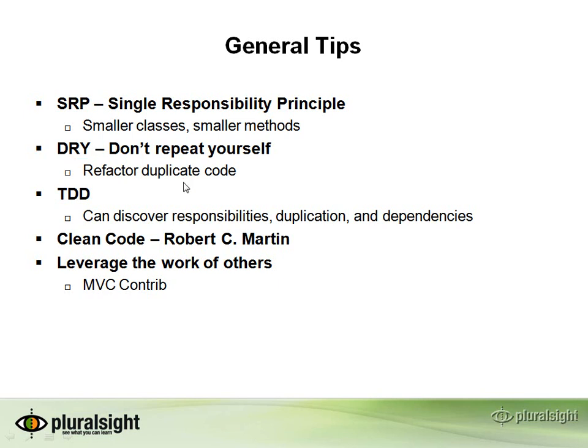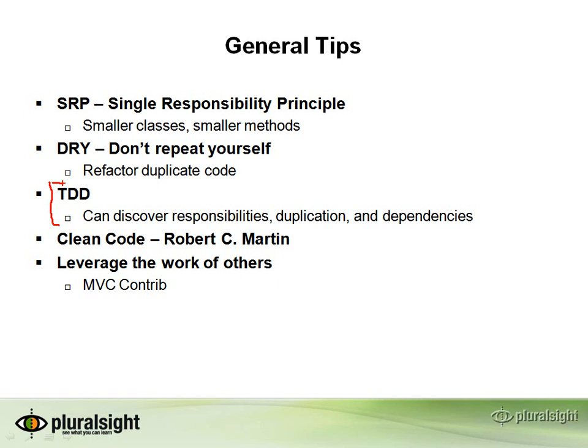One technique you can use to write better code is to start learning and applying test-driven development if you haven't already. Test-driven development is a great way to uncover responsibilities. For instance, if you're writing tests for a business object and you find just reading through the tests that that object does a whole lot of different things, it has a lot of different responsibilities.